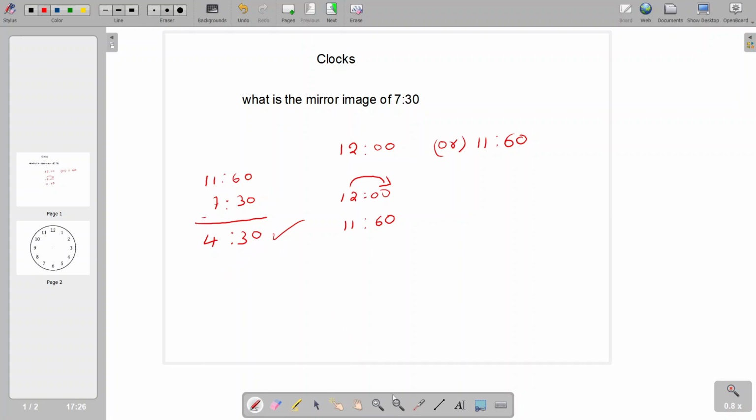Now we will solve the second question. What is the mirror image of 5:20? So you find the mirror image of 5:20.